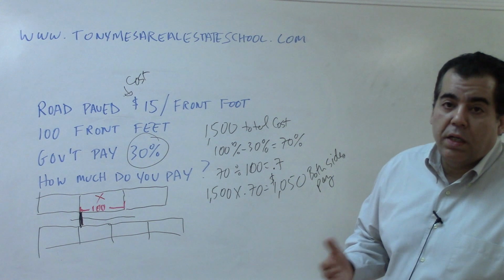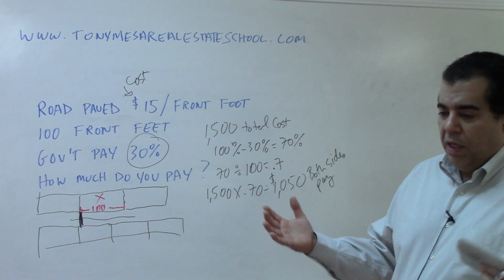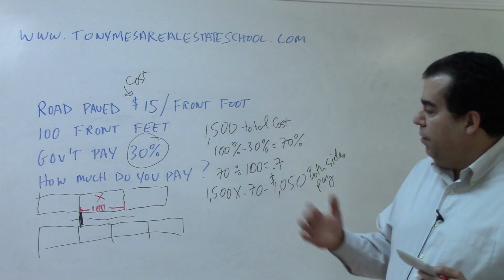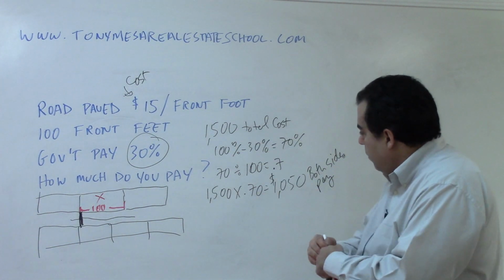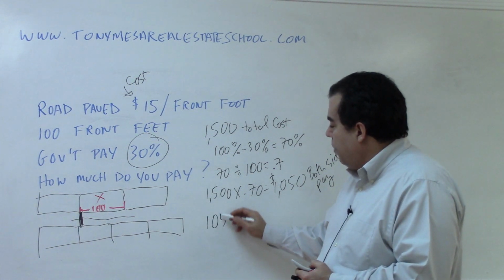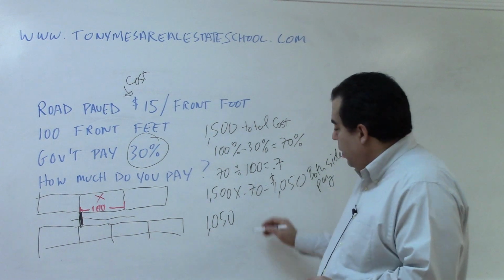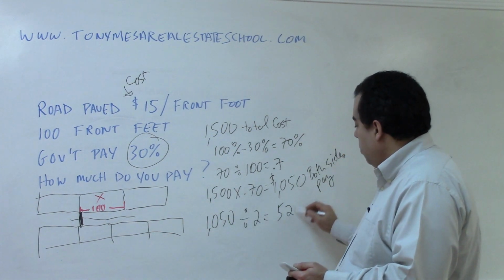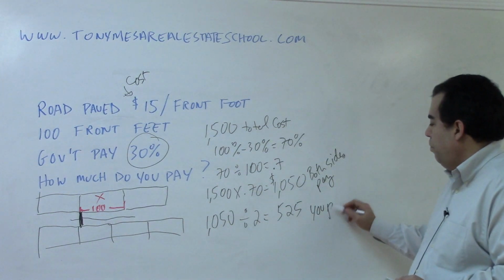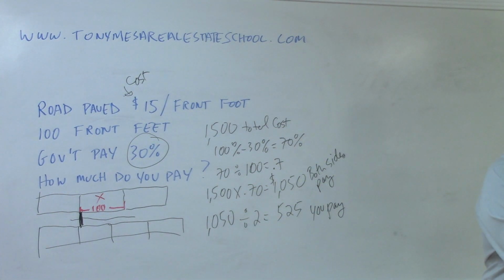And look, even if you have a park across the street from you, they're going to only make you pay half. So you take this 1,050 divided by 2, right? That gives you 525. That is how much you pay, and that would be the correct answer choice, okay?